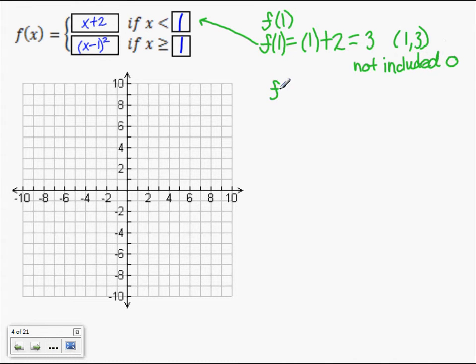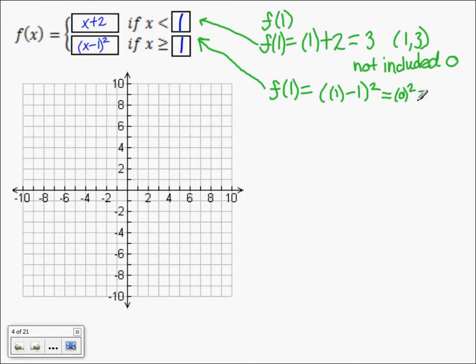Okay, and then if we do the next half of f of 1, we're going to have the quantity 1 minus 1 squared. And keep in mind this is for the second half. So when we do that, we have 1 minus 1 is 0.